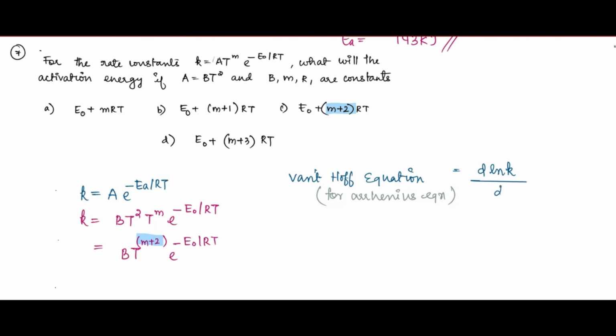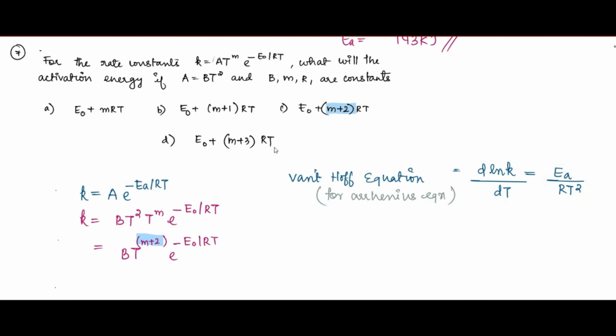You have to take the derivative with respect to temperature, and that is equal to EA by RT square. You are writing it down, I will wait. Is it done? So when you take the derivative of ln k with respect to T for the Arrhenius equation, on the right hand side you will get EA by RT square.